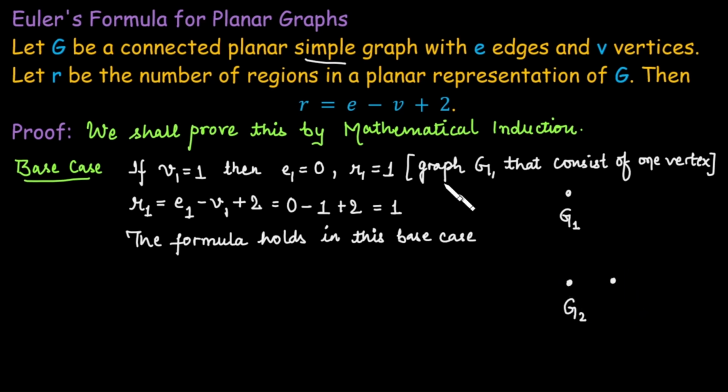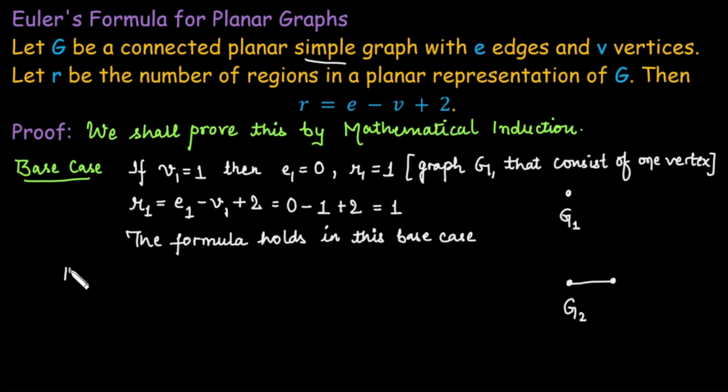The graph must be planar, and it is planar. The graph must be simple, and it is simple. The graph must be connected, but it is not connected. It means we need to introduce an edge between these two vertices. Now we cannot take multiple edges and the self loop because the graph is simple.